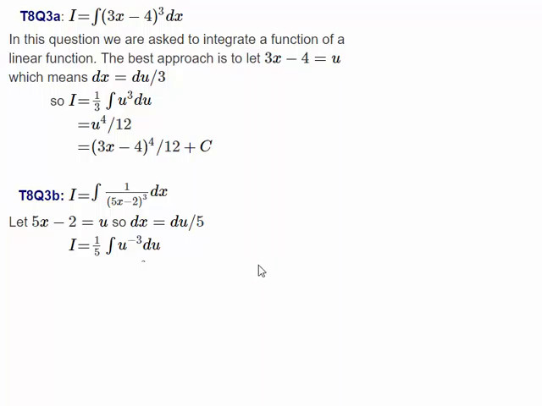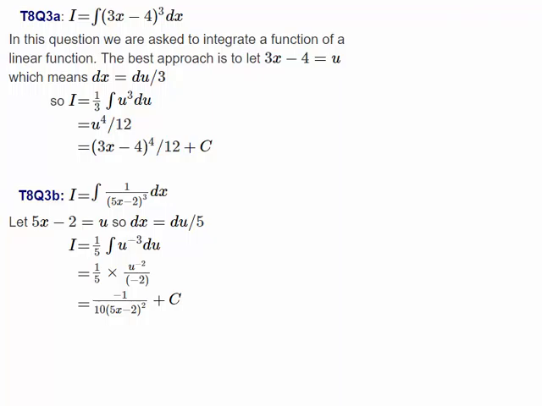As before, we increase the power by 1 and divide by the new power, so we increase −3 to become −2, and then we divide by −2, giving us 1/5 u⁻² over −2. And then if we substitute the value of u, we get −1 over 10 (5x − 2)⁻², plus a constant of integration.